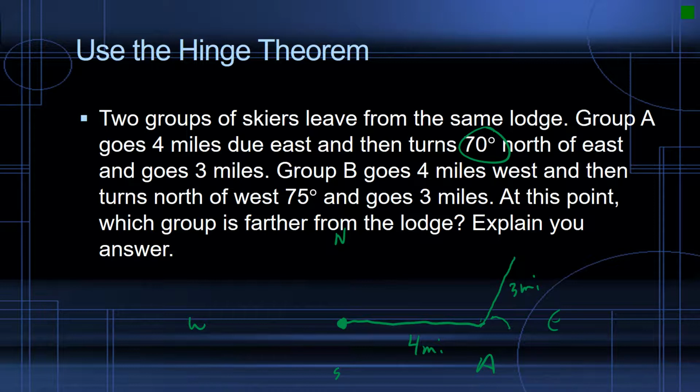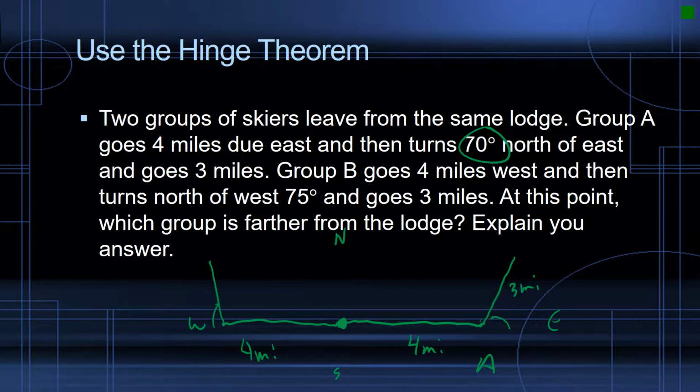Now, group B goes 4 miles due west. So they're going 4 miles in this direction. And they turn north of west about 75 degrees. So let's say maybe something like that.